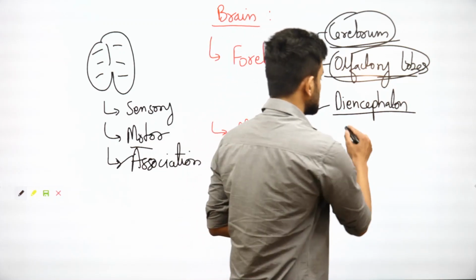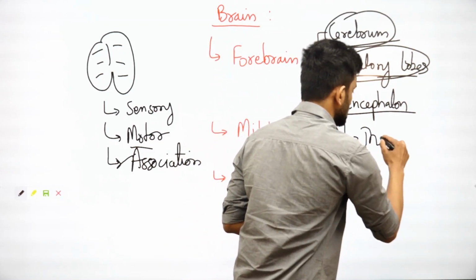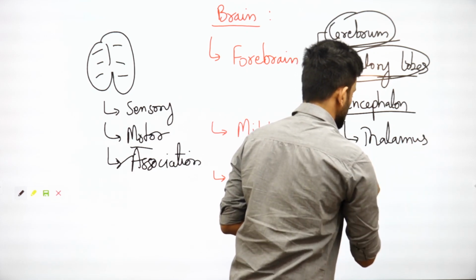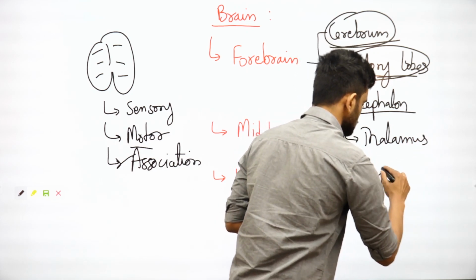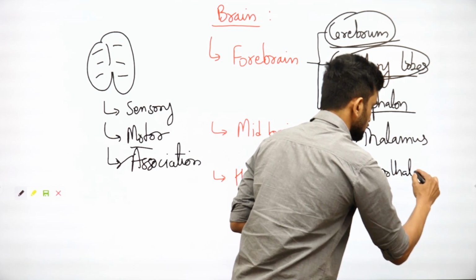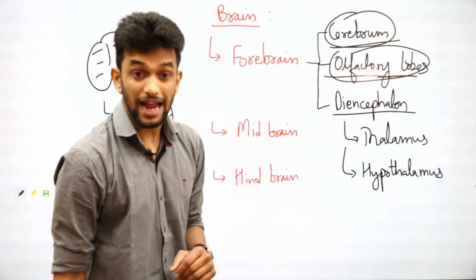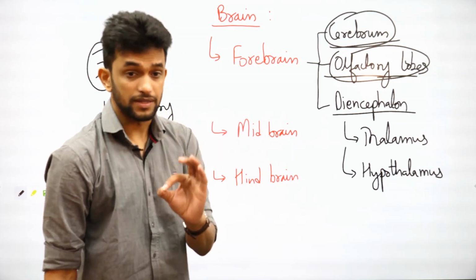Then talking about diencephalon, we have two things here, thalamus and hypothalamus.